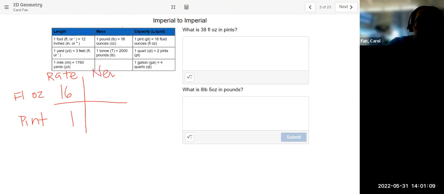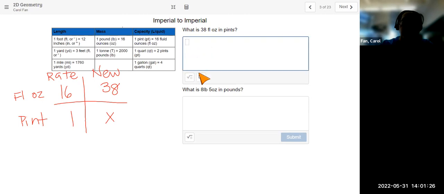So for our new one, I have 38 fluid ounces, and I want to know how many pints I have. Once I've set up my little magic square, it's easy to create the ratio. So I'm going to have 16 over 1 is equal to 38 over x.